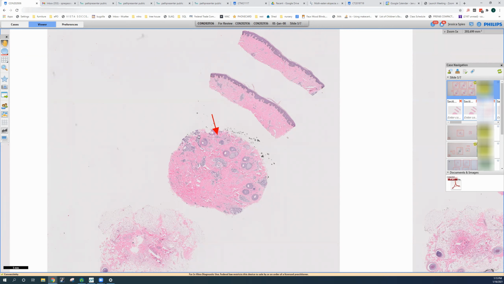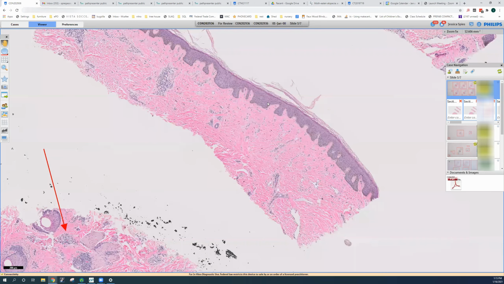You can see here we have the HAVE sections, which means horizontal and vertical. And so we've got the top of the punch biopsy lopped off here so we can have our conventional sections so we can look at the epidermis.